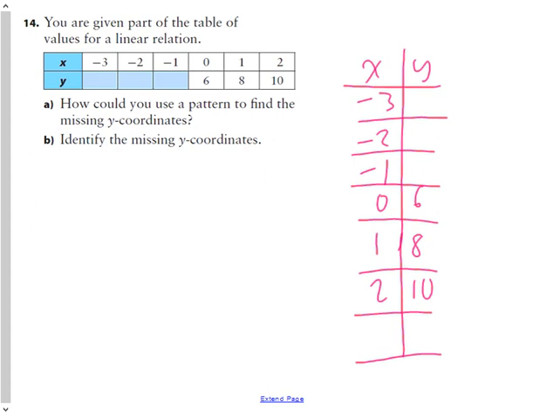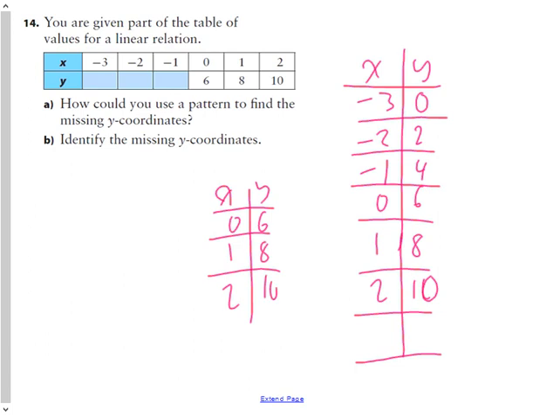Well, one way you could do it is going down by 2, which means this would be down by 2, and down by 2. That's one way to find those missing values because it's going down as we go up the chart. Another way is to simply take the equation that we know, x and y, put 0, 1, and 2, 6, 8, and 10, and find the equation for this part of our table.